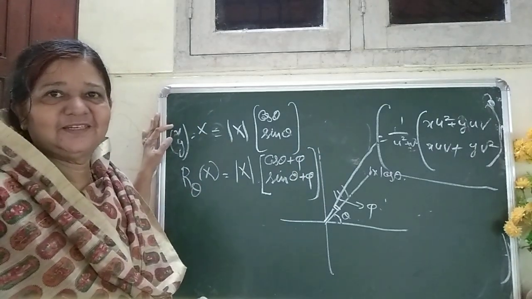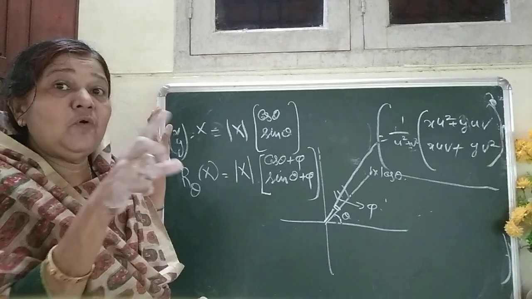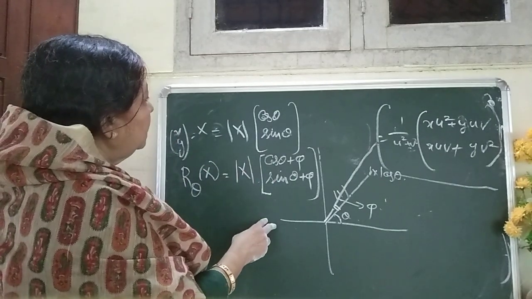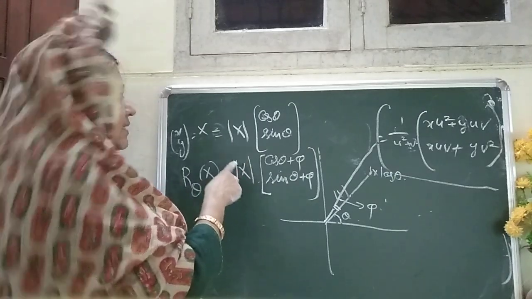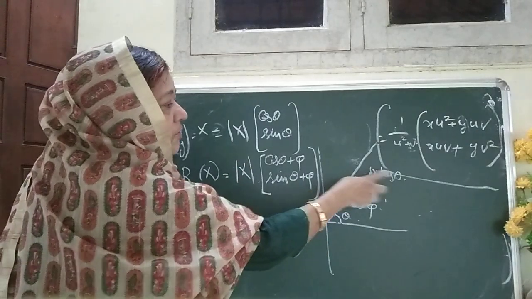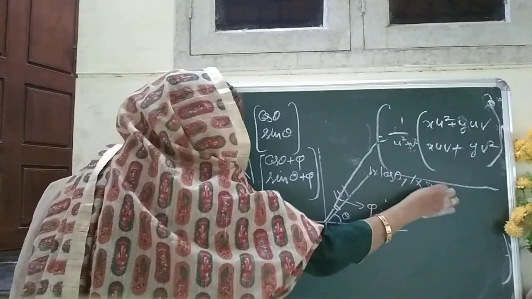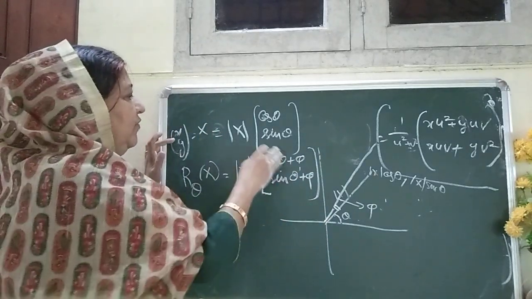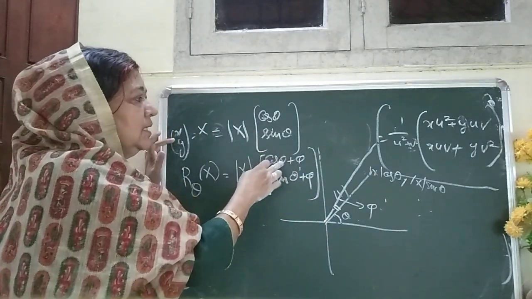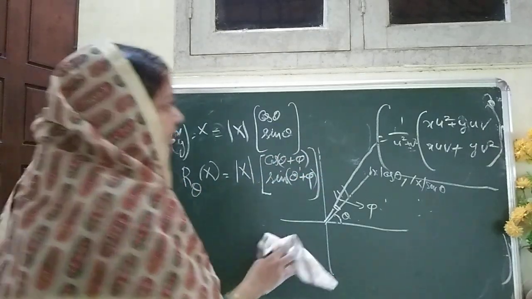That is another transformation, rotating the vector through an angle. By polar coordinates, we know every vector can be expressed as (x cos theta, x sin theta), and if we change the angle theta by phi, it becomes cos(theta plus phi) and sin(theta plus phi).